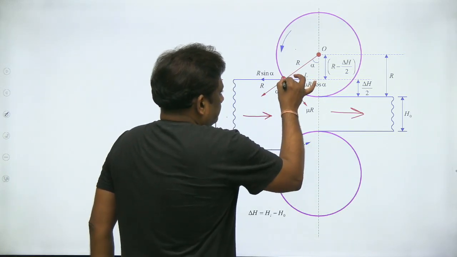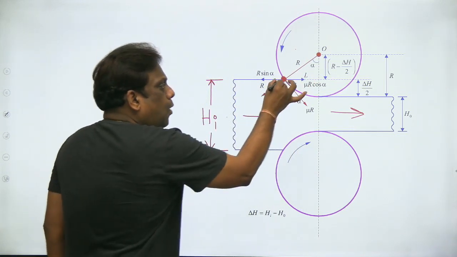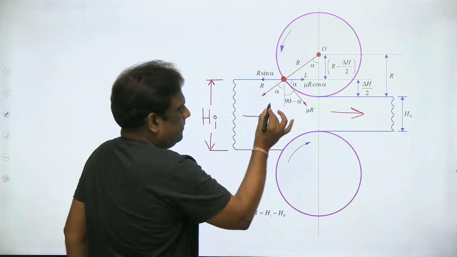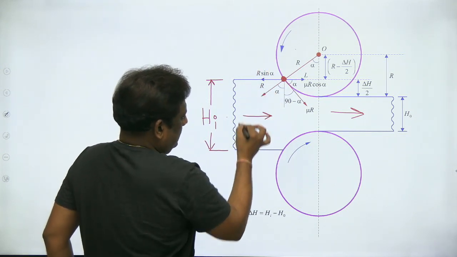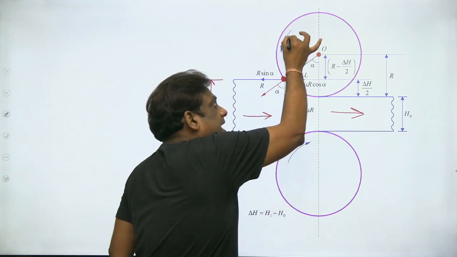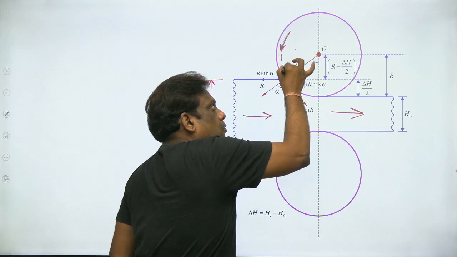Let's take here the point of contact, here at the entry. So what is happening, let's see. At this contact, this is my material and it is moving. Look at the direction of this roller. ऐसा मूव हो रहा है.